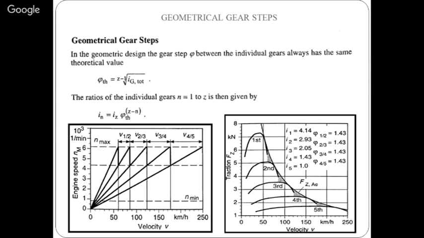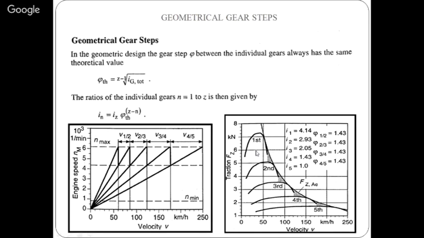Now this is geometrical gear steps. These are the basic formulas which describe how we distribute the gears in geometrical stepping. In this, if we have the higher power, if our weight to power requirement is more, as I explained earlier, then we can put more step over there, more gap over there.